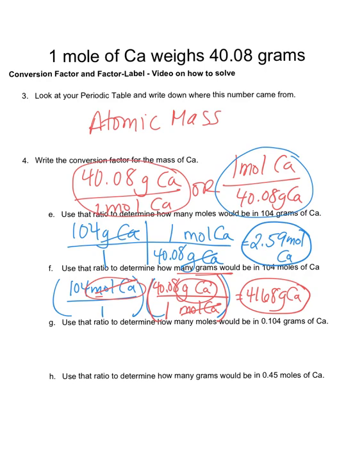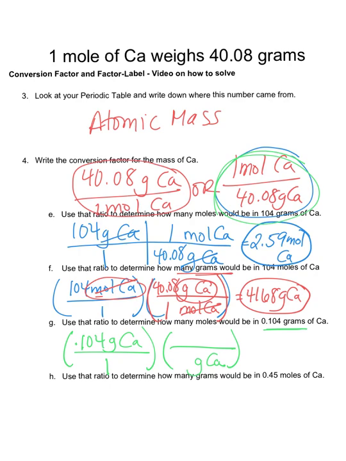For my next one, the information in the problem is my starting point. When we did it some of the other ways, our starting point was our ratio. For this one, my starting point really is my problem. So my problem is 0.104 grams of Ca. Now I make my ratio. Grams of Ca on top, so it has to be grams of Ca on the bottom. That tells me I'm going to end up using this one here and moles of Ca here.